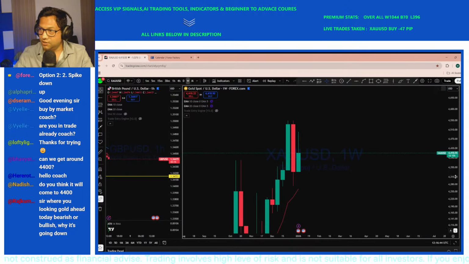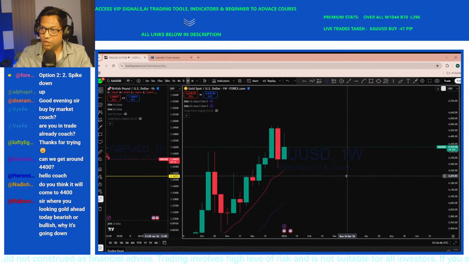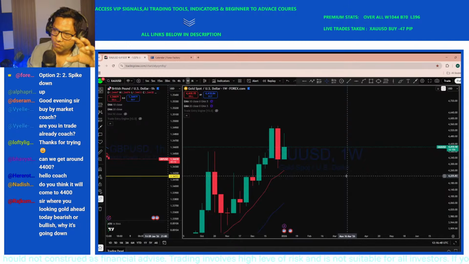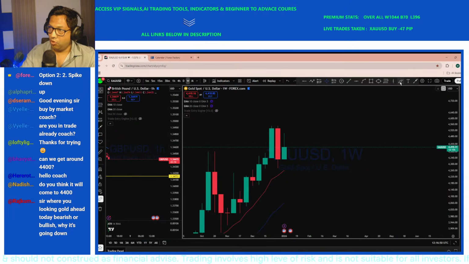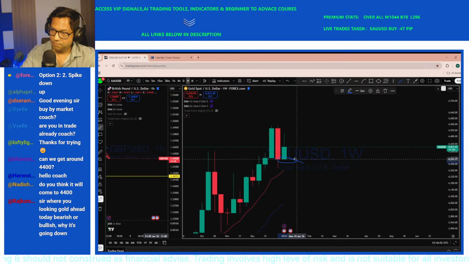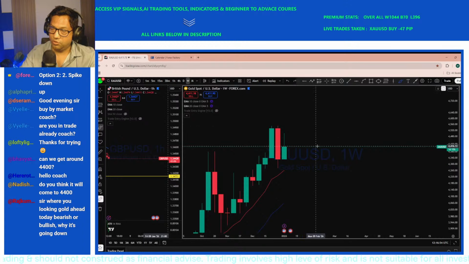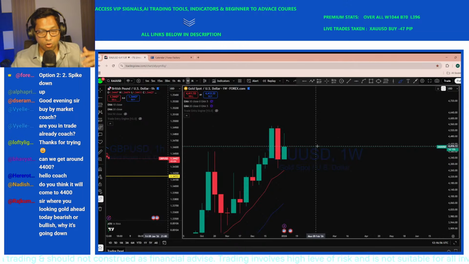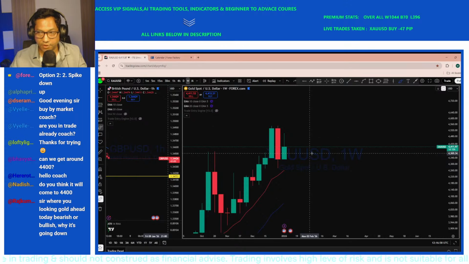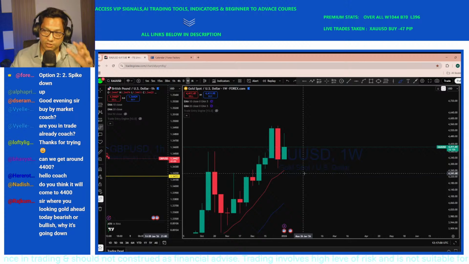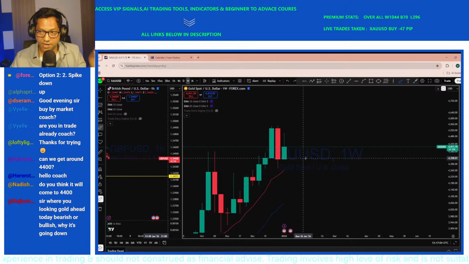Now if you look at this market structure on the weekly, there was a gap open over the weekend. Okay, let me tell you my potential thought, my opinion here. It could be different, but this is what I see from long experience, and a similar kind of situation might happen.